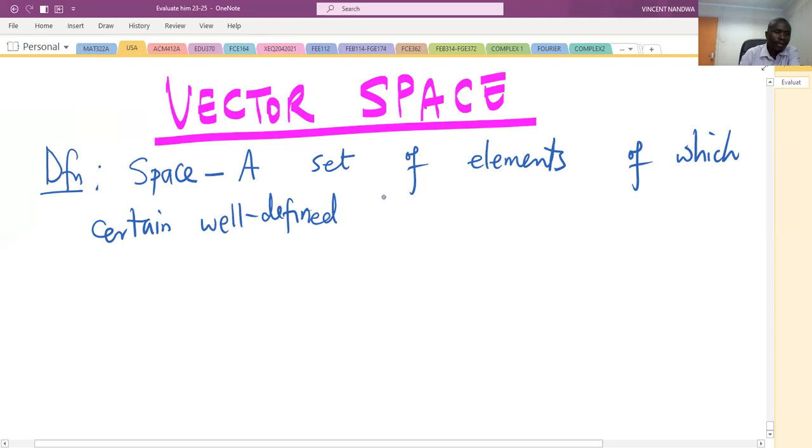So well-defined mathematical operations are well-defined, remains valid.